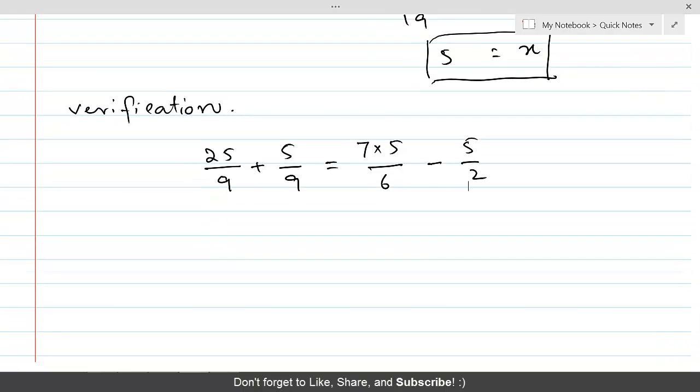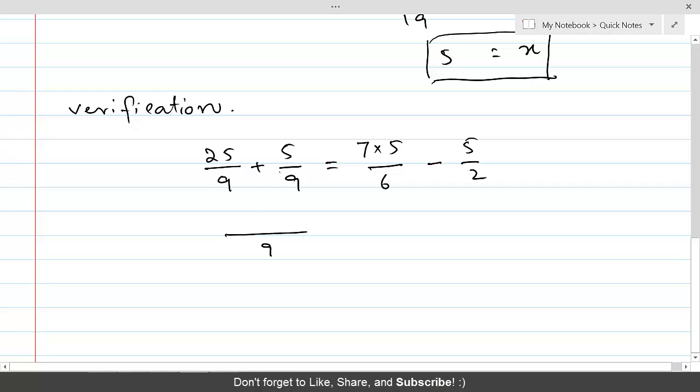So on the left hand side, 9 is the LCM, 25 plus 5 is 30, and on this side 7 times 5 is 35 over 6 minus 5 over 2. So what is the LCM on this side?